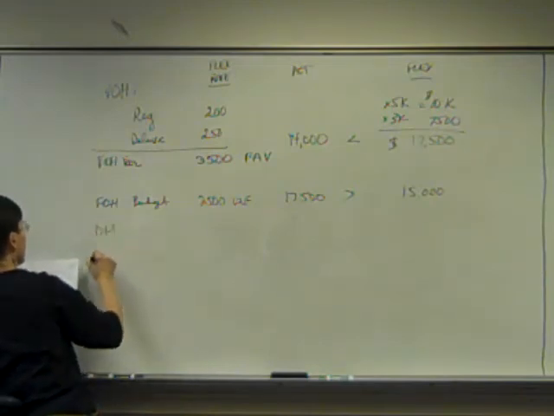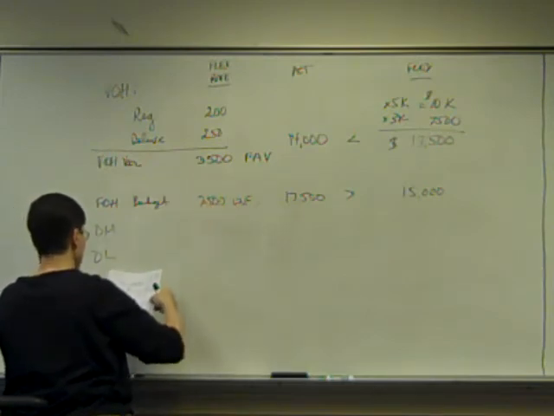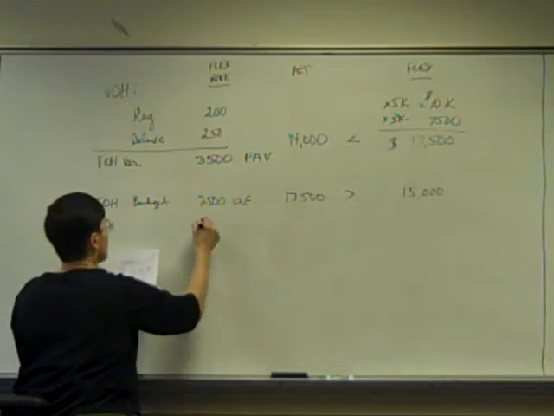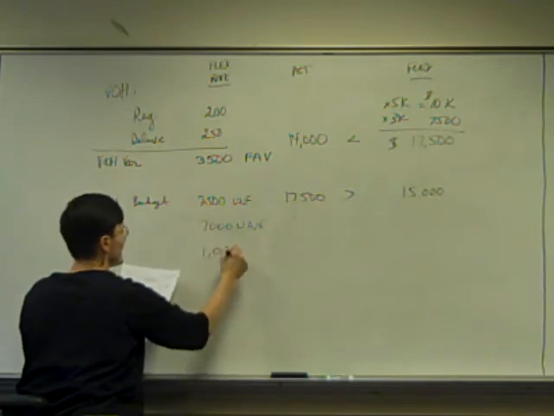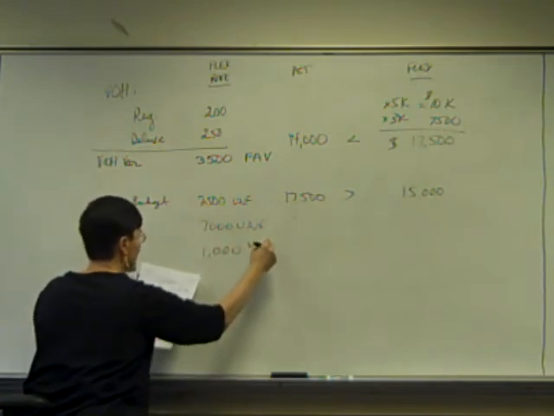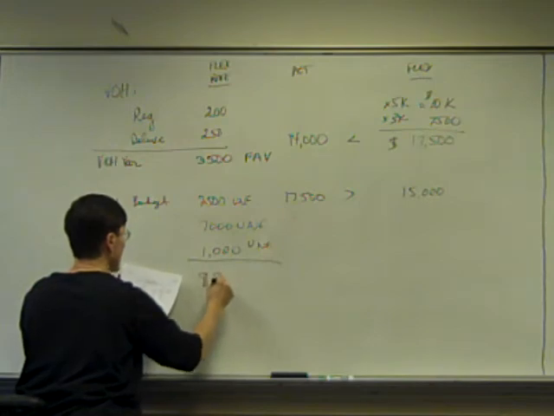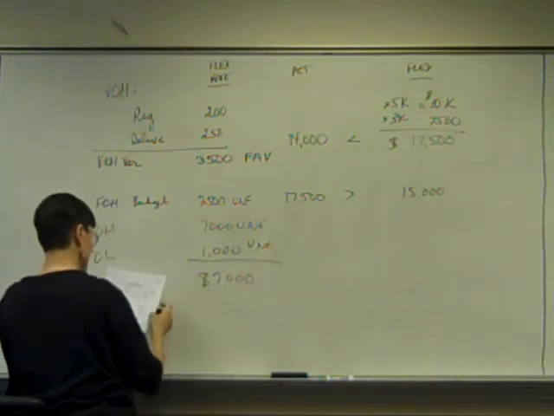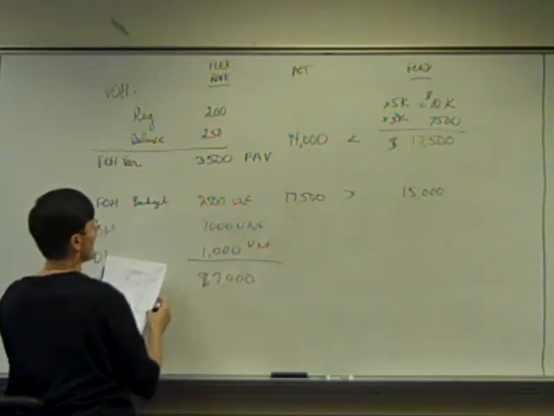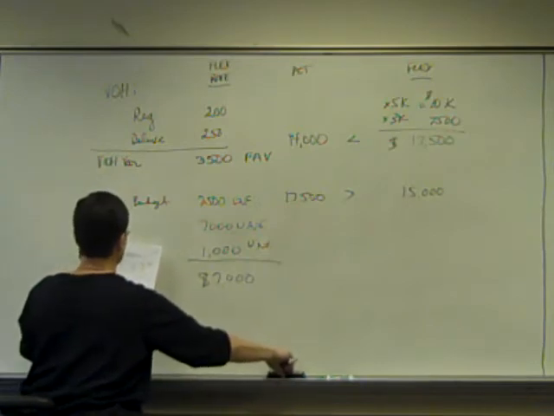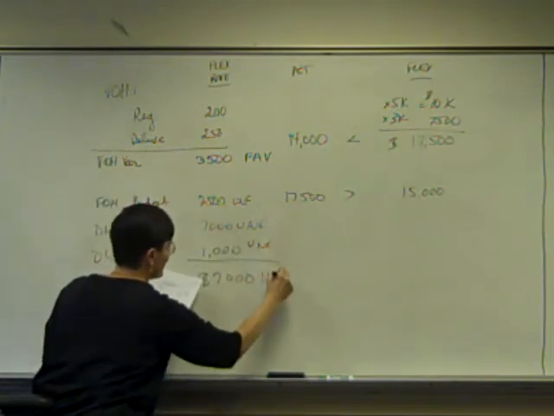So what you end up with is a favorable variable overhead variance, an unfavorable fixed overhead variance, and a $1,000 unfavorable labor variance, so that our total variance is, hang on for a second, yeah, 7,000 unfavorable total.